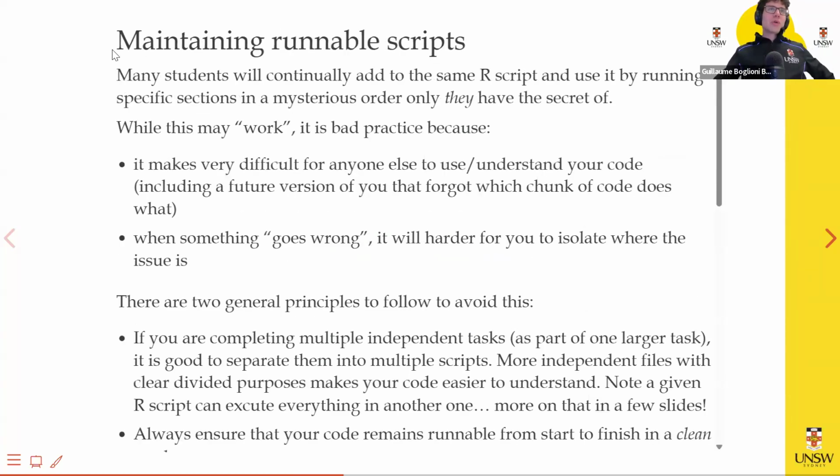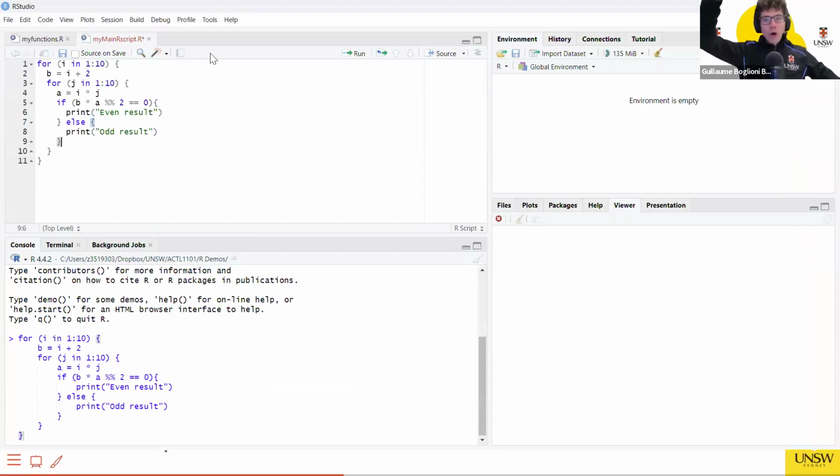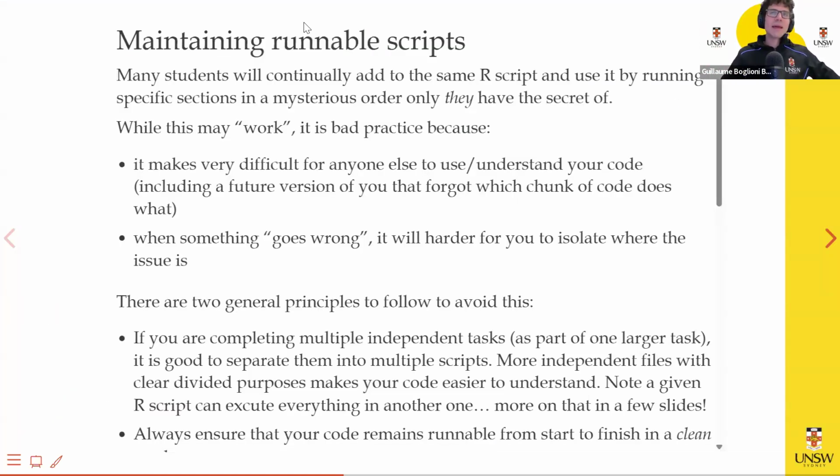Now, this is a point about maintaining runnable scripts. It should really be that your R script, like a file such as this one, you can run the entire thing and it doesn't generate errors, right? Now, this might sound like a trivial point. Why am I even making it? But in reality, and I suppose I'm guilty of this myself, it's quite common for people to be a little bit lazy and just have a big script where they add a bunch of stuff, and some of it works, but some stuff in this script is old and actually doesn't work, but they don't delete it or they don't bother saving it elsewhere as an old version.